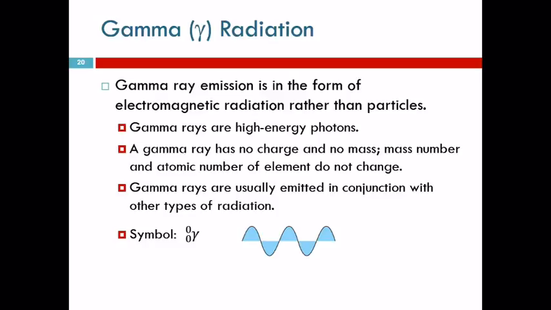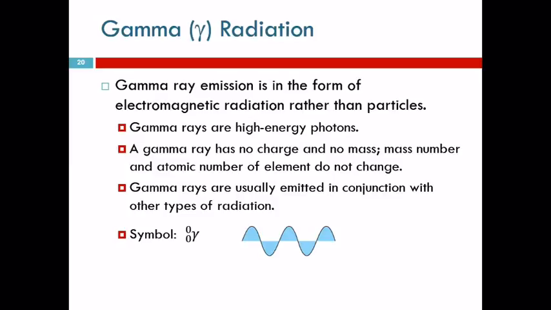Third type is gamma radiation. This is a Greek letter gamma. This is actually electromagnetic radiation, not particles. They're called gamma rays because they aren't particles. So they're really just high energy photons. If you remember back to the electromagnetic spectrum, way at the high energy end was gamma rays, above X-rays.